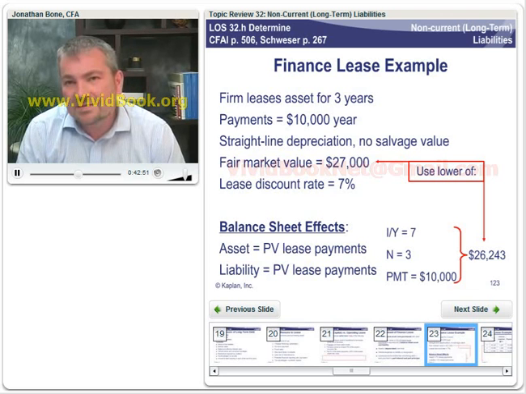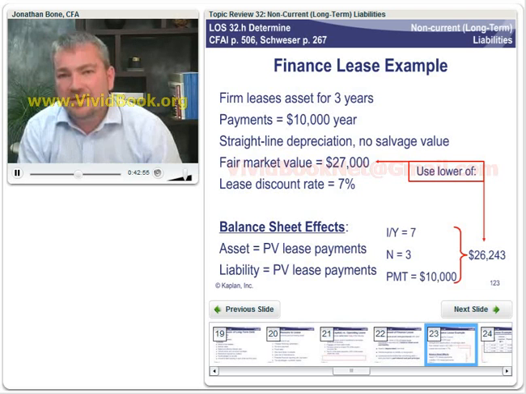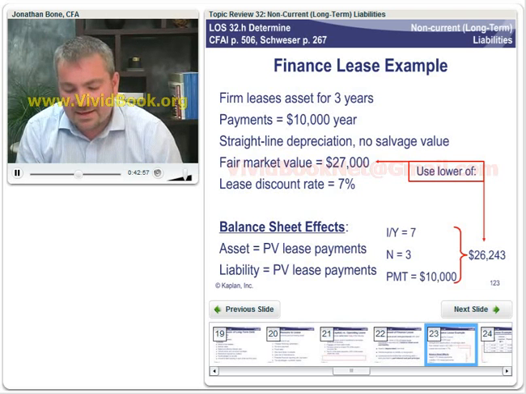So first of all, we need to work out the present value of those lease payments. So what we're going to do is clear our calculator out and then do N equals 3. So 3 and then N, 10,000 and PMT in there, and put in our discount rate. We're told the lease rate is 7, so 7 and I/Y, and compute present value.